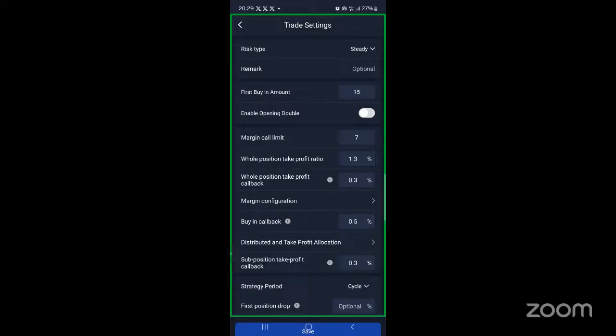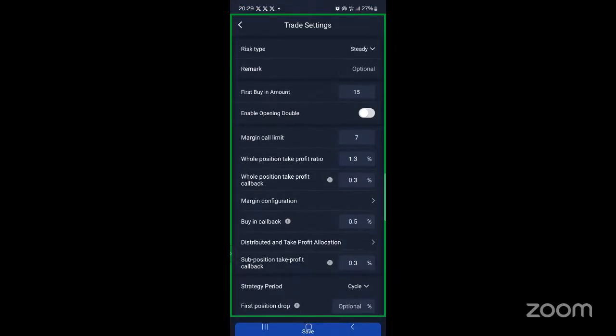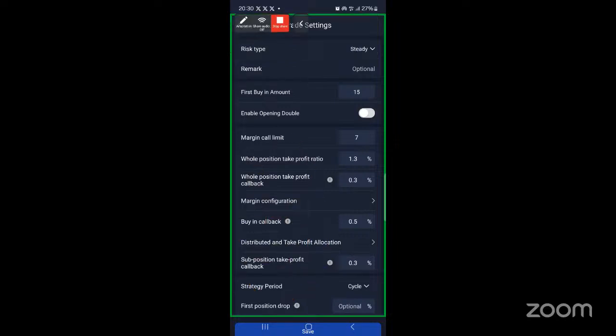Listen to me. I told you there are 5 things that you should get good at answering. The rest comes after. Number 1, learn how to calculate first buying amount.